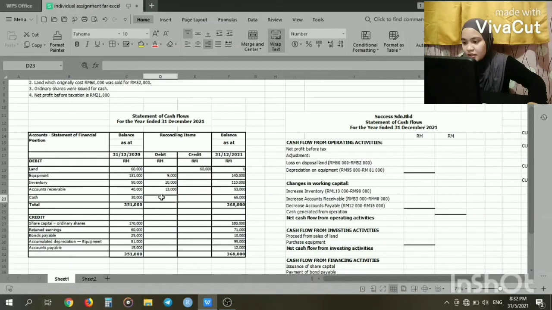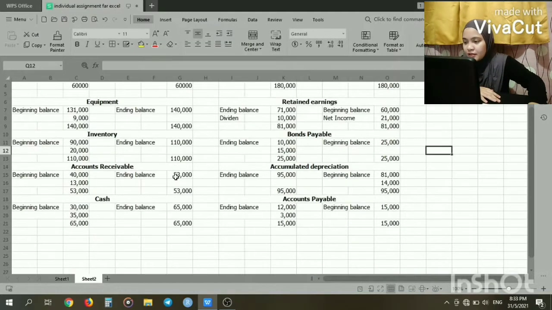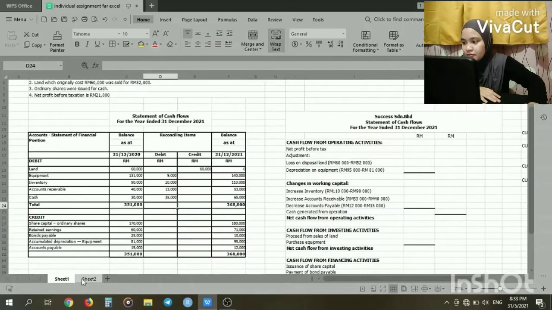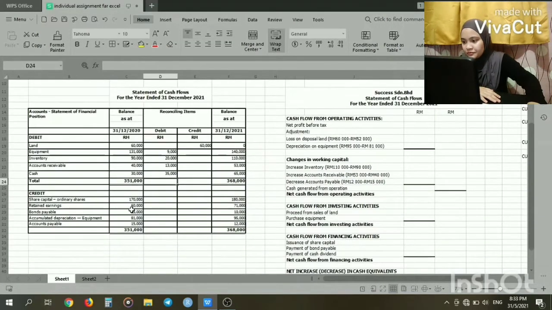We assume that the company still has an account balance of accounts receivable for sales on credit. For cash, also the same. So I have just done the current assets and non-current assets. This is roughly the ledger for each account from the statement of financial position. We move on to the credit side for equity, non-current liabilities and current liabilities.